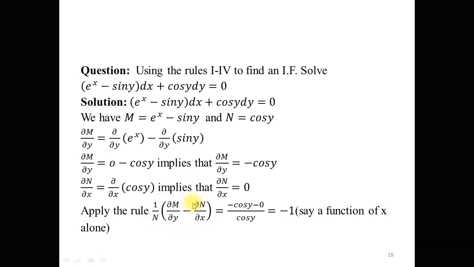If from this expression we obtain a function of x, then this will be rule number 1. And if we obtain 1 over M into partial N by partial x minus partial M by partial y, then this will be rule number 2, and the result will be a function of y.